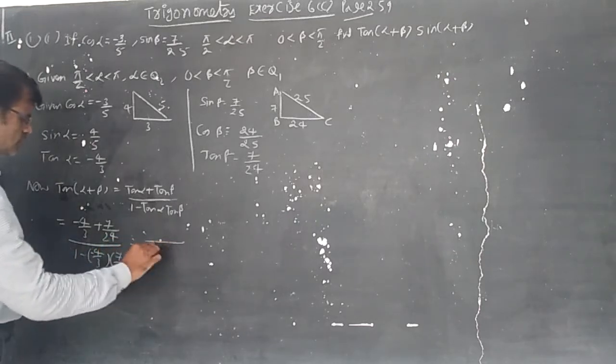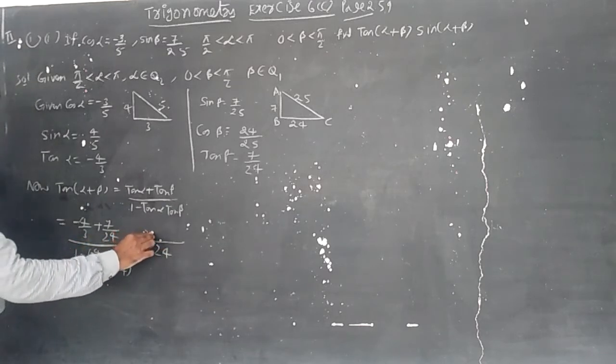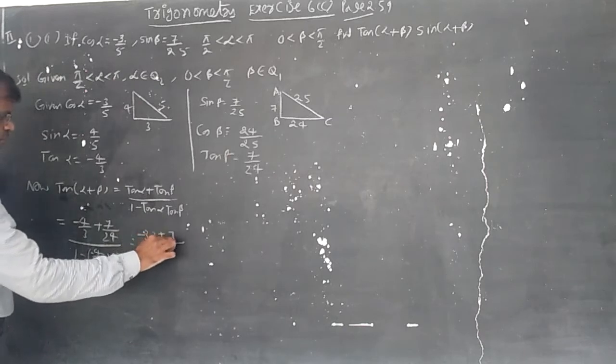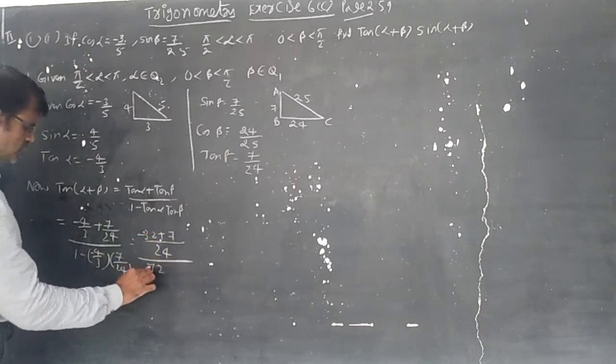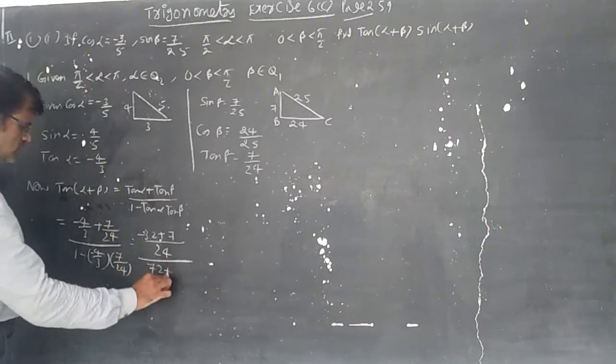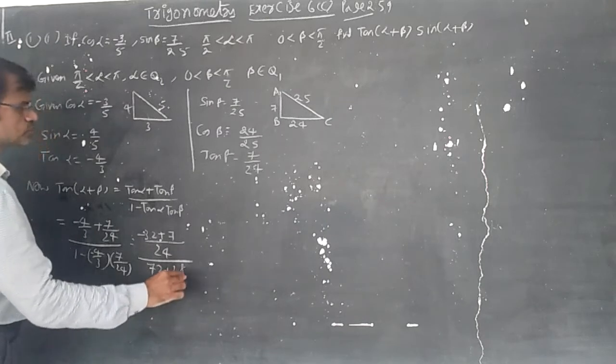That is equal to, here 24 is LCM. 3 will divide 24 8 times. 8 into minus 4 becomes 32. This is 7, whole by, here this is 72, LCM 72 plus this is 28, whole by 72.